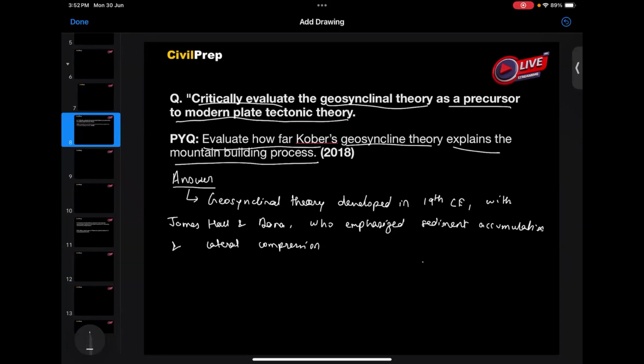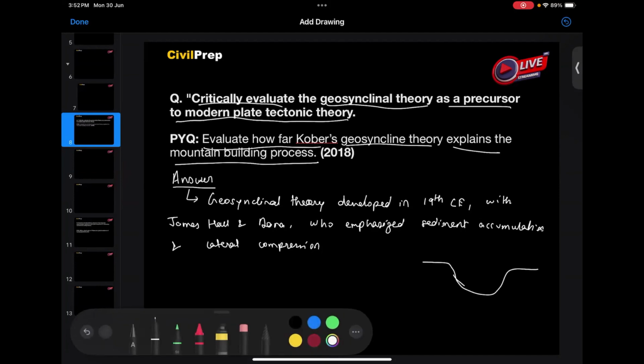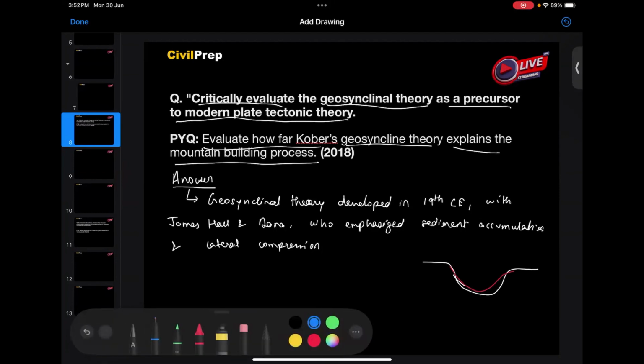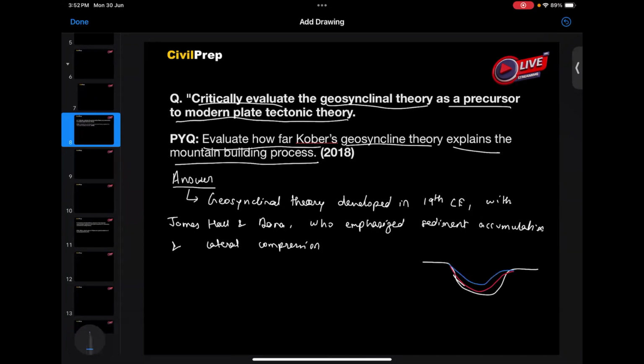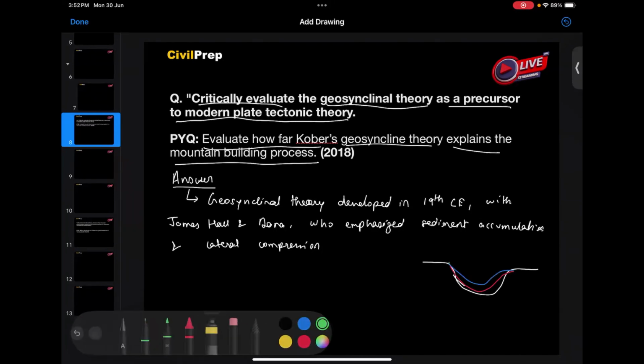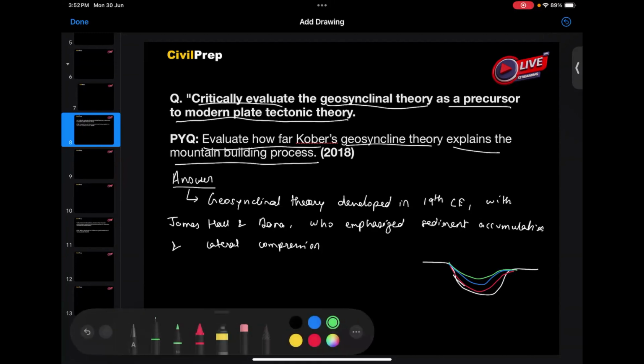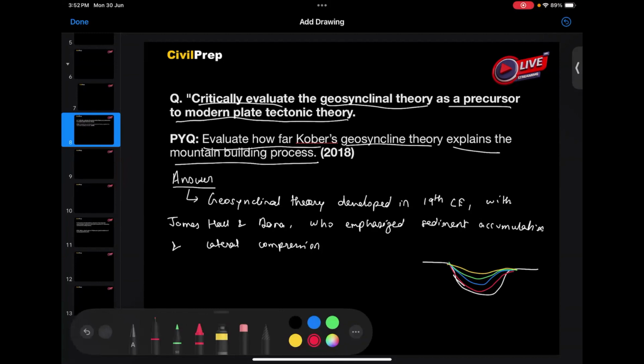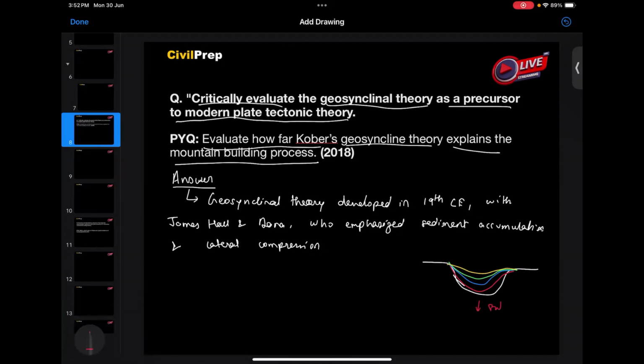So here we'll be seeing that this is a geosyncline. Here sediment accumulation is taking place, and this is resulting in subsidence.